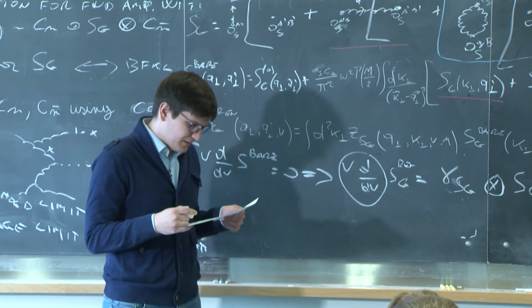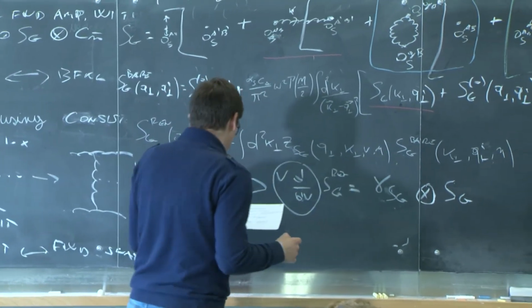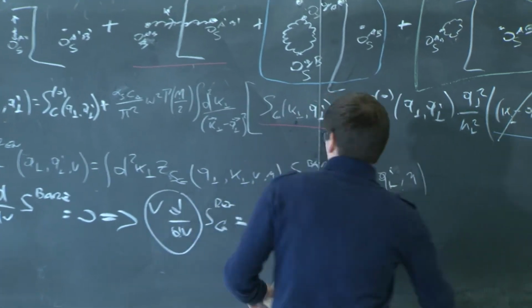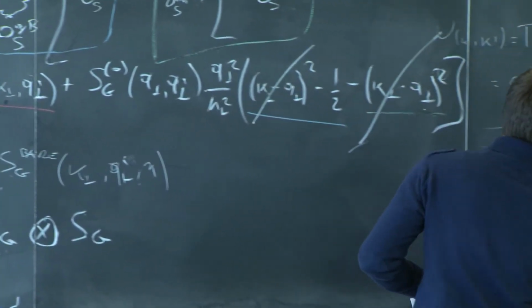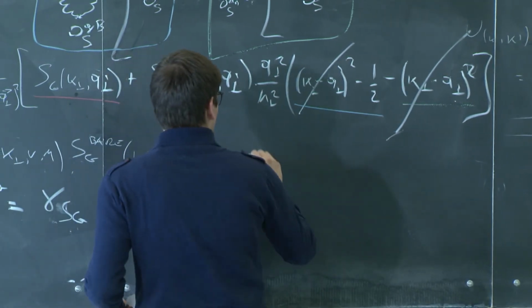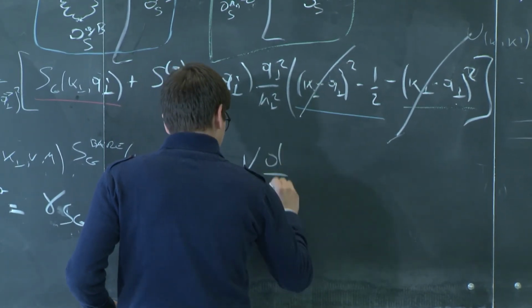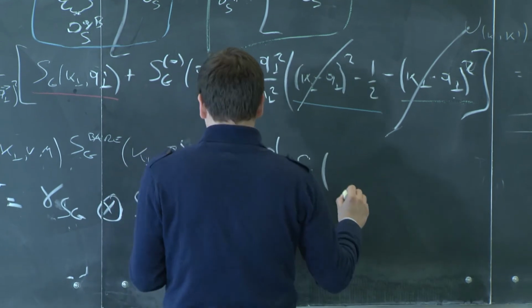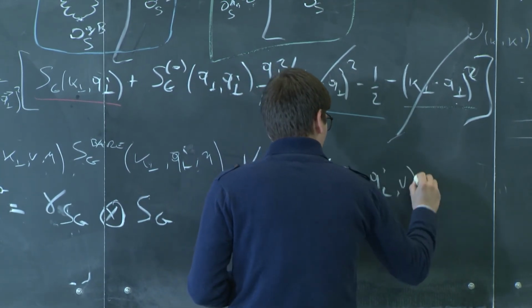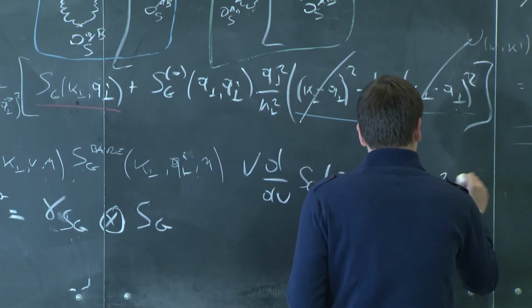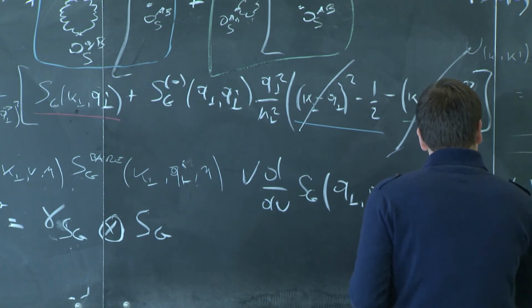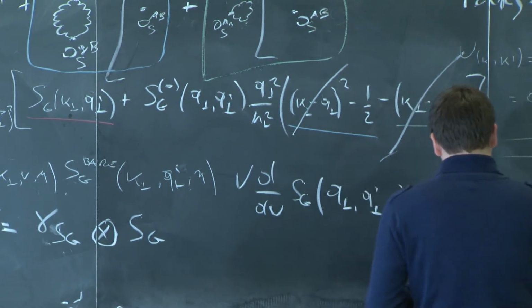So just let me write down the final result. By doing this procedure, I get the BFKL equation for S_G, that is nu, C_A alpha_s, p squared.